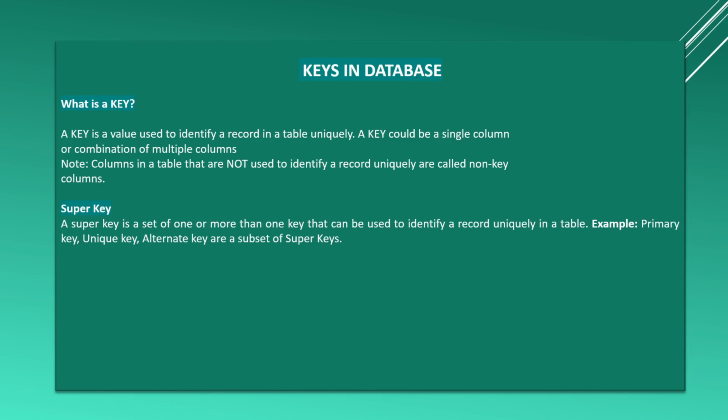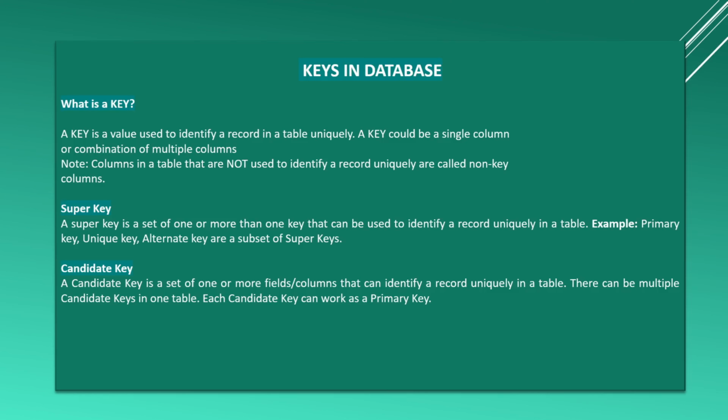Then super key. A super key is a set of one or more than one key that can be used to identify a record uniquely in the table. For example, primary key, unique key, alternate key are the subsets of the super key.